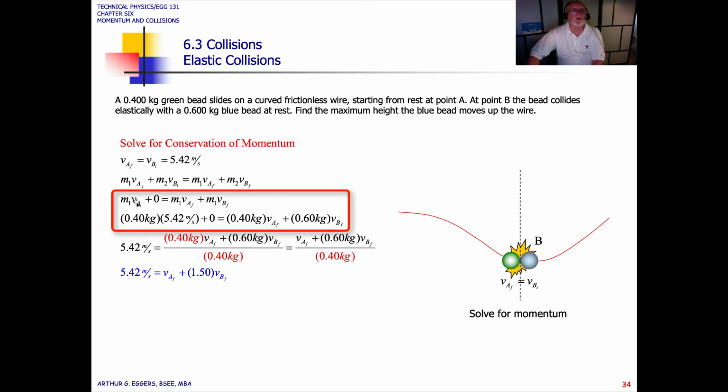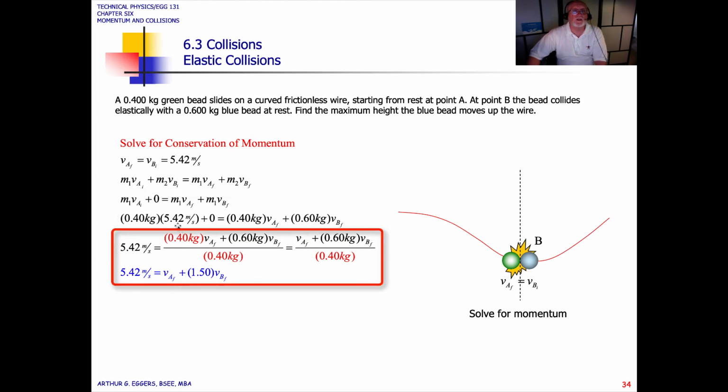So we have 0.4 kilograms times the velocity we just solved for, 5.42 meters per second, equals 0.4 kilograms times the velocity A final, plus 0.6 kilograms times the velocity B final on the other side of the relationship.